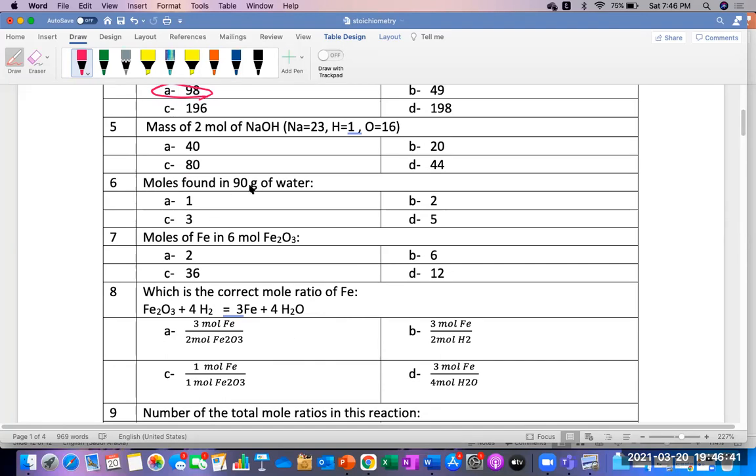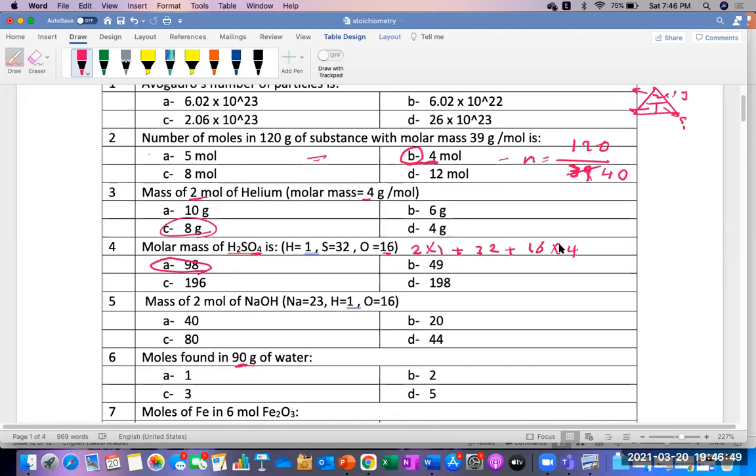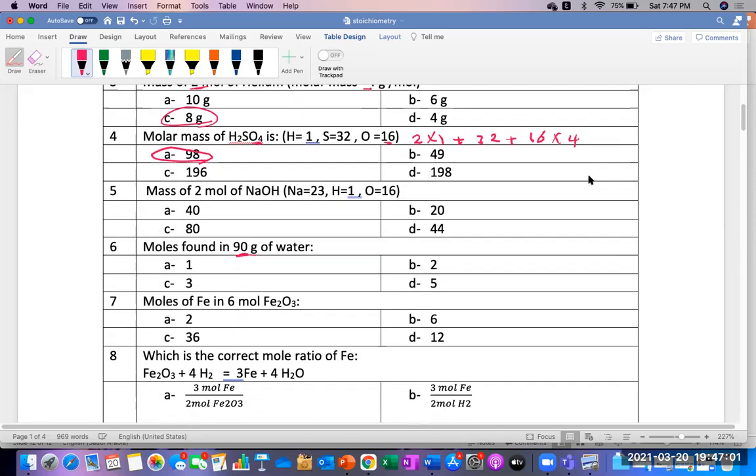Moles found in 90 grams of water. We need to calculate the number of moles, and they give us the mass in grams. So again, using the formula with mass in grams, number of moles, and molar mass, we need to divide the mass in grams over the molar mass.